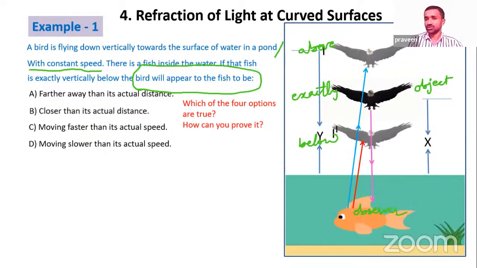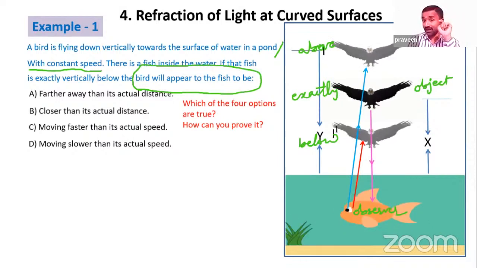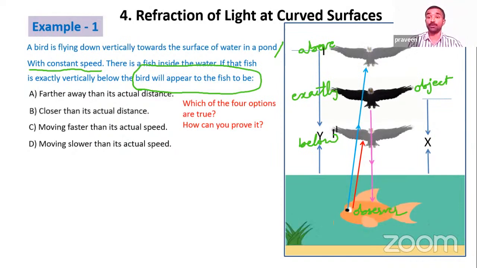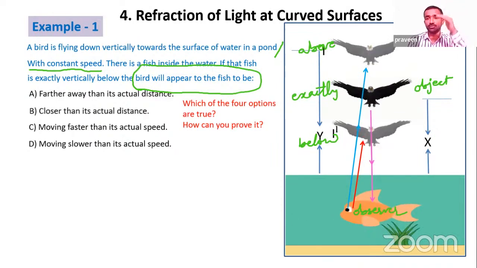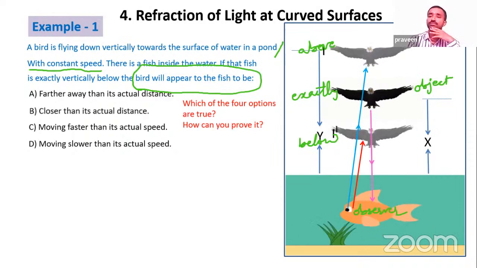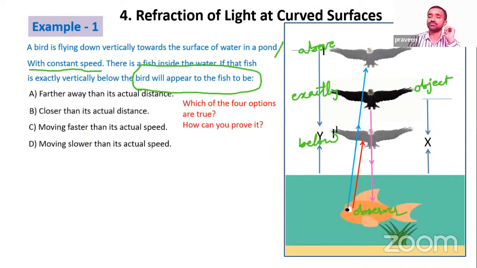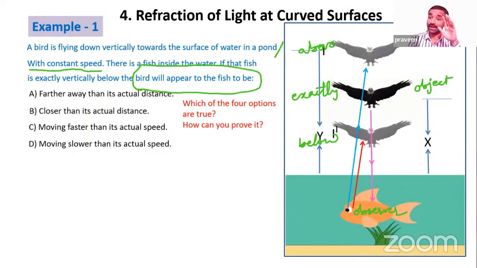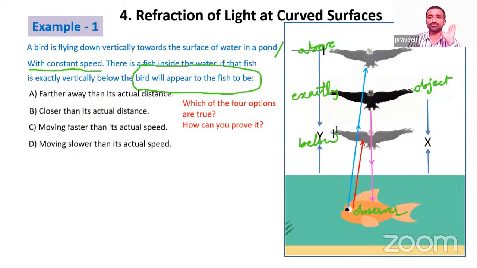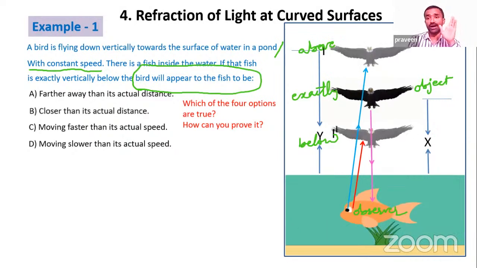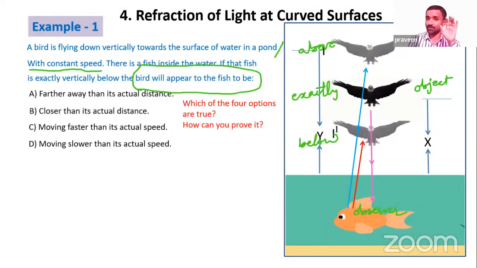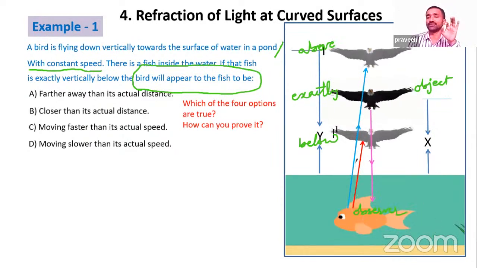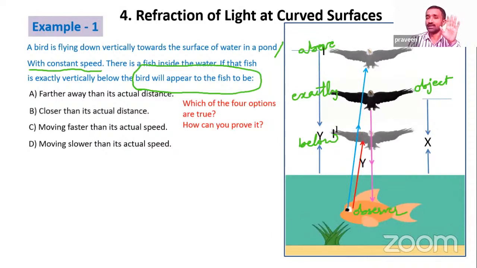I don't know where the fish observes the bird, so maybe far or maybe closer. Whatever it may be, it is observed as image I or I dash. For both images I will take the distance as y.